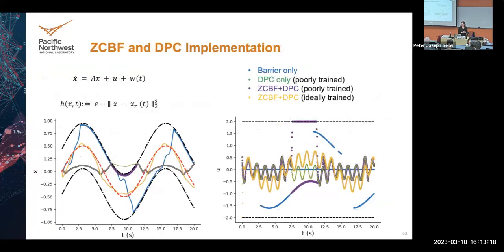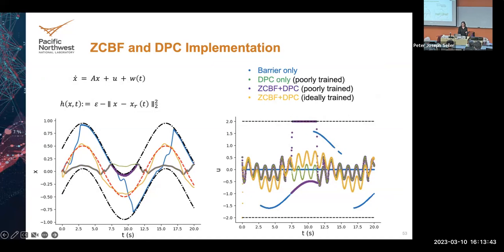So we took this example to show how it works, right? How does it compare where you only have control barrier functions, where you have DPC only, or where you train it properly or poorly? And this is the example system that we looked at. It's, again, a relatively simple example because we're just starting to look at these methods.